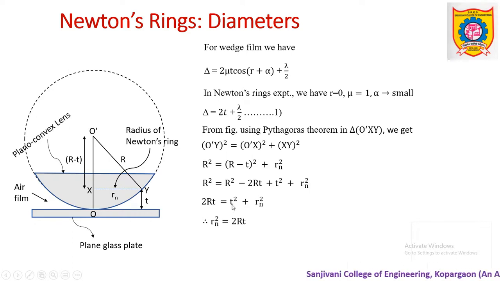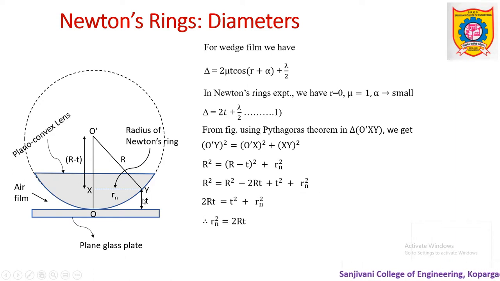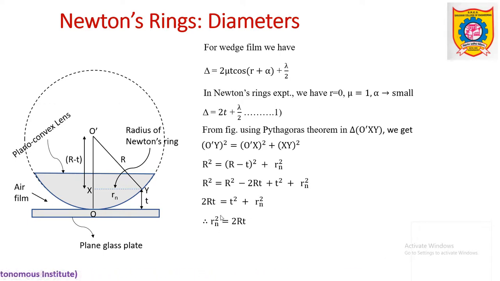However, we can eliminate that t square, because if we compare this capital R, the radius of curvature, and the value of t, the larger the value of R, the smaller the value of t tends to be. So Rn square is equal to 2Rt minus t square.